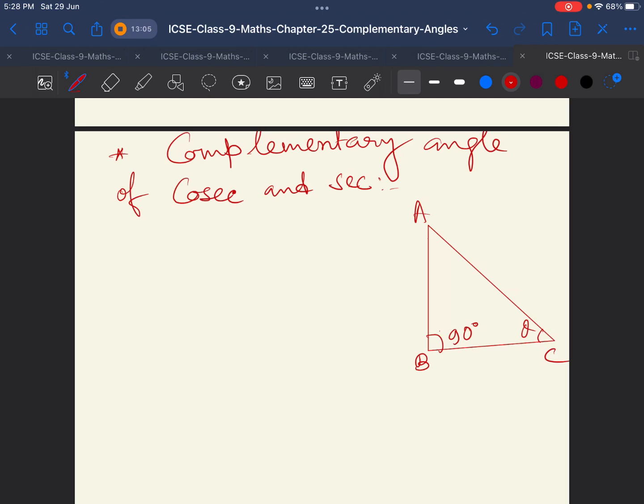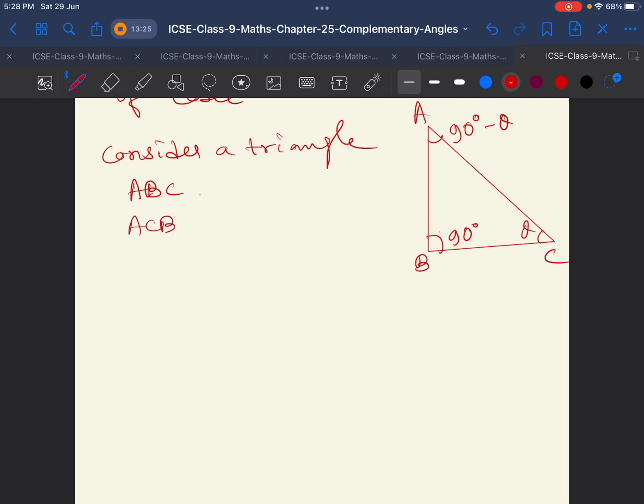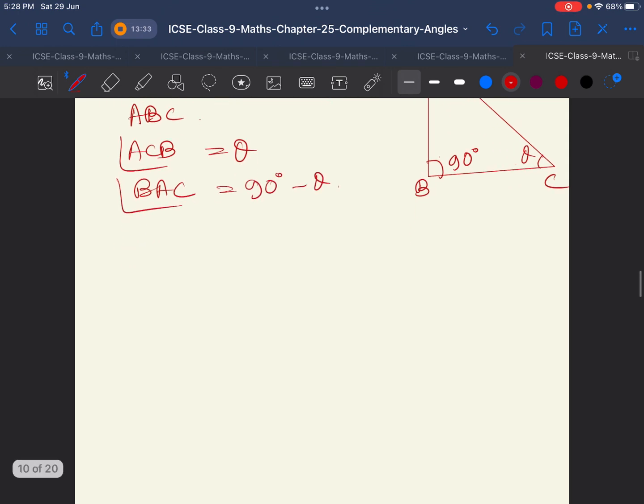ABC is a triangle and this is theta angle, this is 90 minus theta angle. Okay, now we can write here, consider a triangle ABC, and angle ACB equals theta and angle BAC equals 90 minus theta.